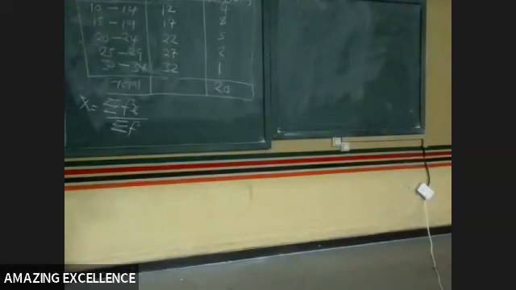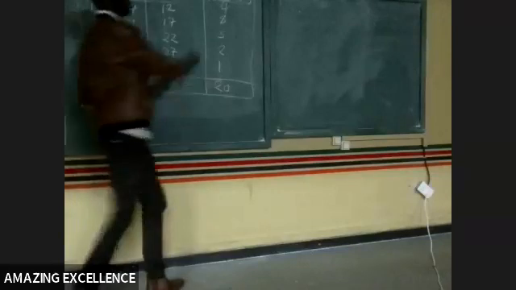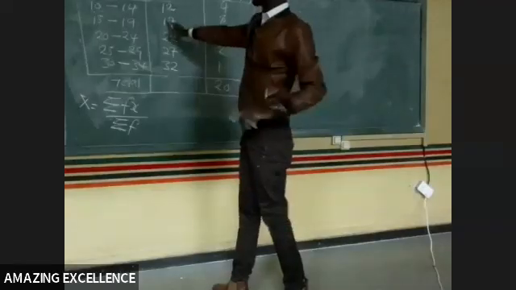Okay. So let's go. We are beginning with the summation of the frequency times what? The midpoint. So you multiply frequency times the midpoint. Then you add frequency times the midpoint.